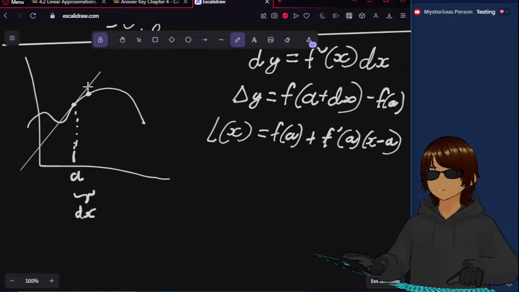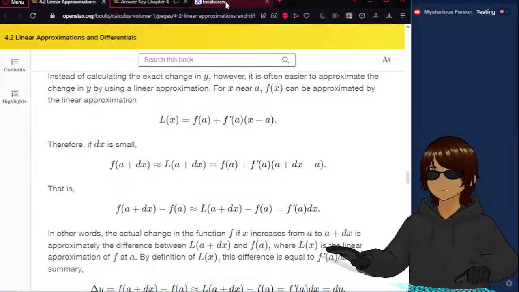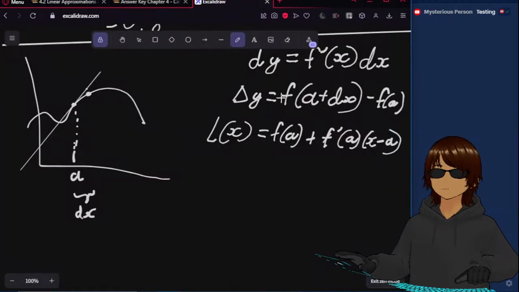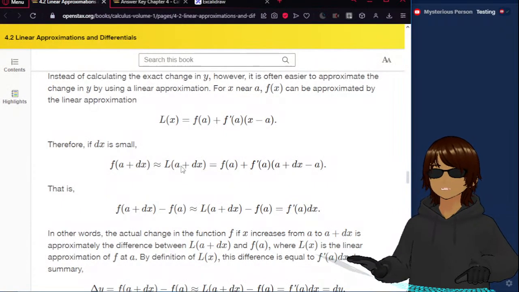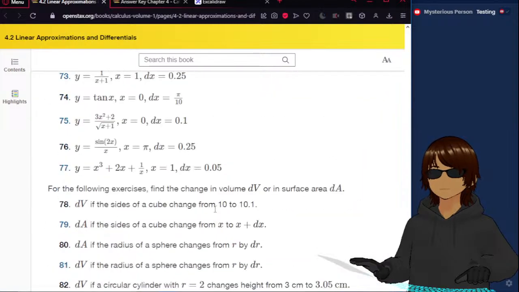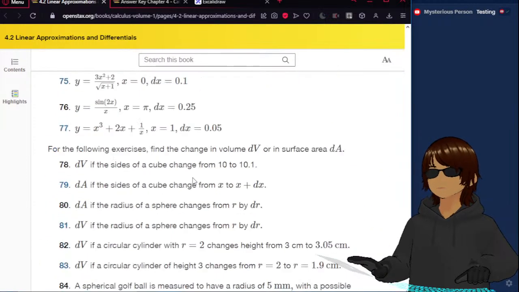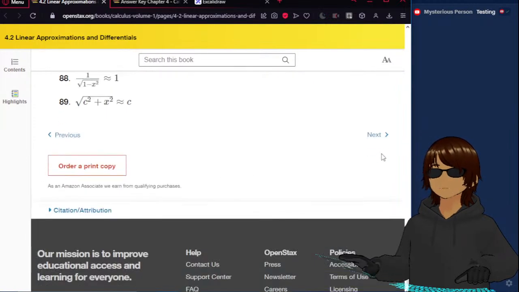So we are calculating this. Then this is approximately equal to this. Should I do a maximum and minimum as well?